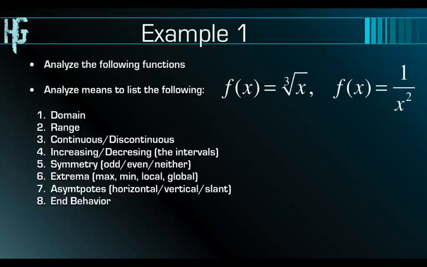For your horizontal asymptotes, you take the denominator and the numerator. You look at the degree of each one. If the degree on the bottom is larger, your horizontal asymptote is y equals 0. If the degrees are the same, let's say you had 2x squared over 3x squared minus 1, the degrees are the same. It's x squared and x squared.